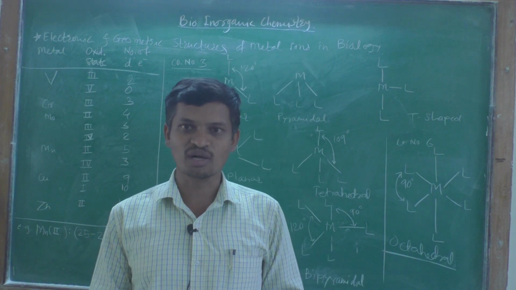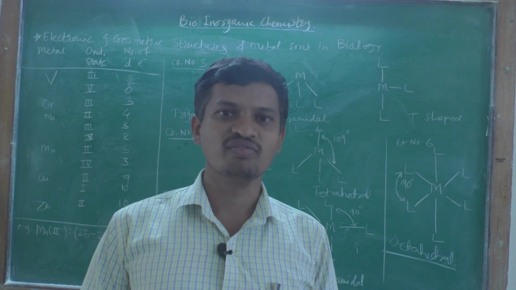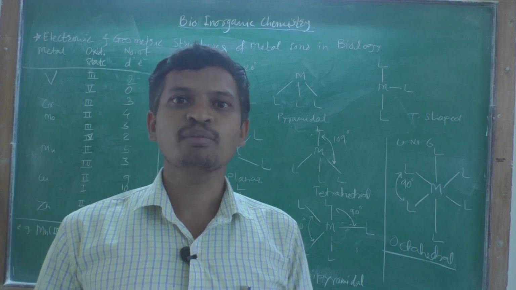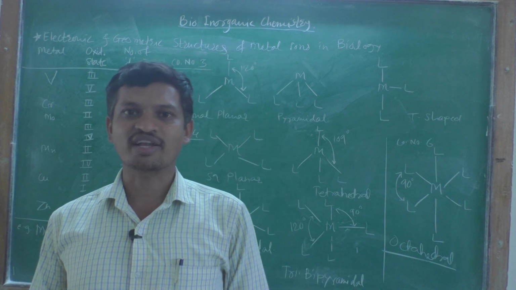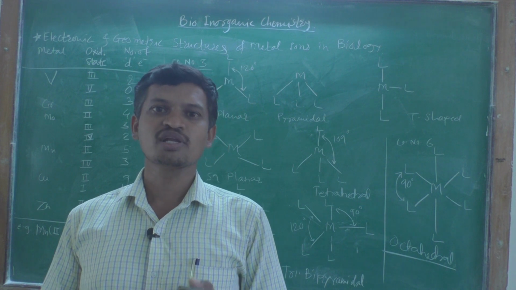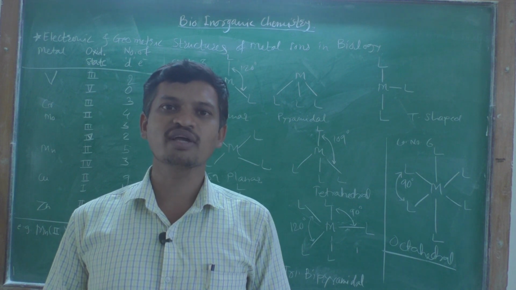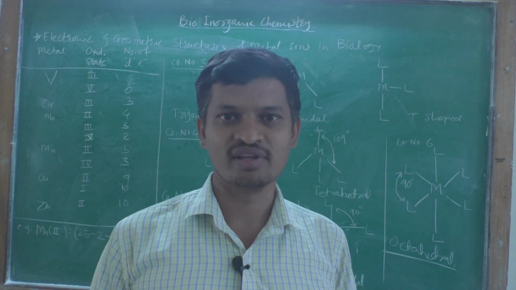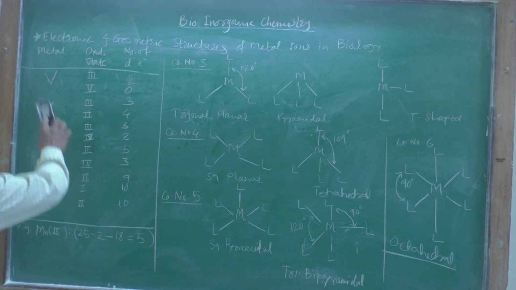How is it concluded? That can be concluded with the help of the ligand field splitting pattern, in the different possible tetrahedral, square planar and octahedral ligand fields. Okay, that we are going to see.